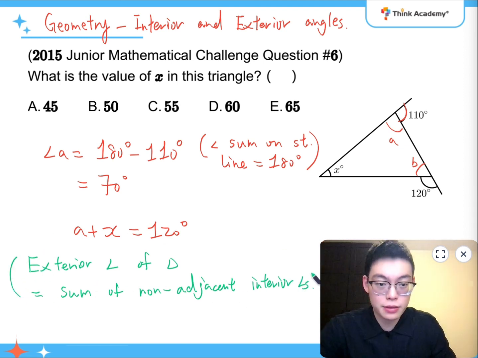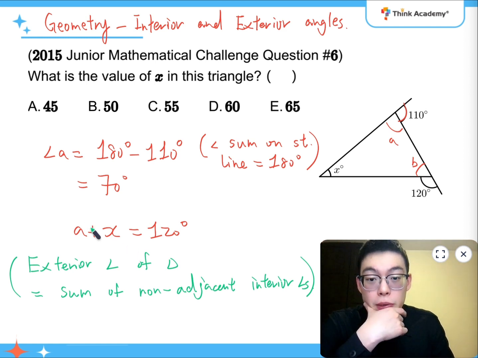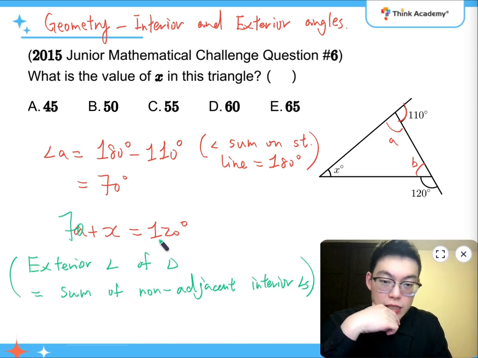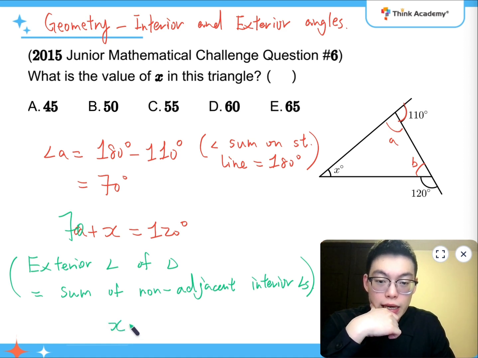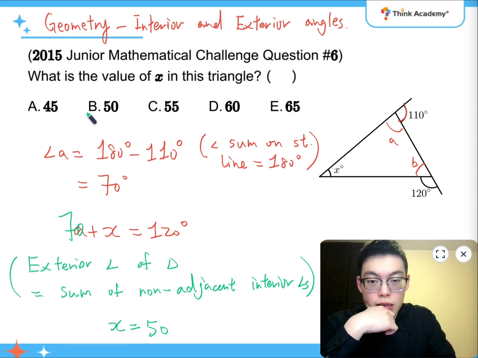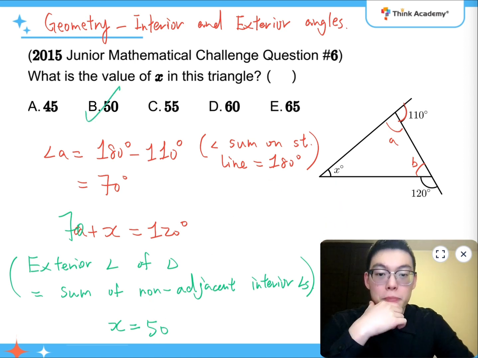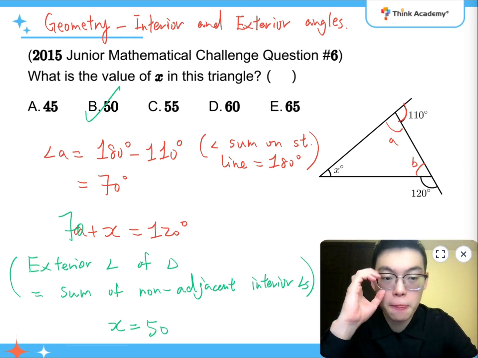Okay, that's why. So we know that A is 70, which means 70 adding X is 120. So X is going to be 50. All right, so the answer is 50. Does it make sense?